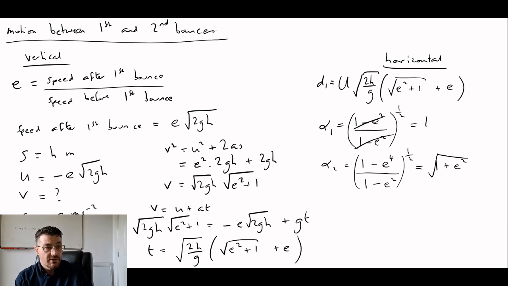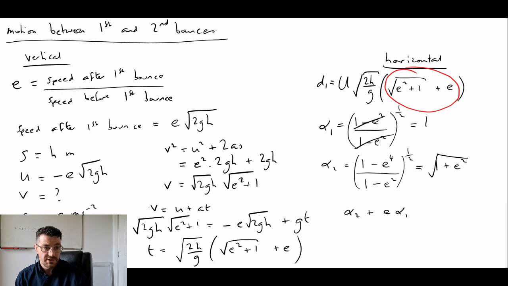Okay, so if I look now in my brackets here, what have I got? I've got alpha 2 plus e times alpha 1. Alpha 2 is the square root of 1 plus e squared, or the square root of e squared plus 1, whichever you prefer, plus e times 1.